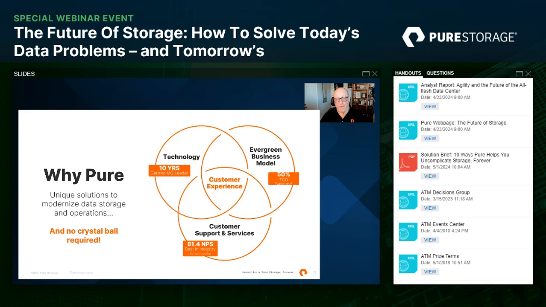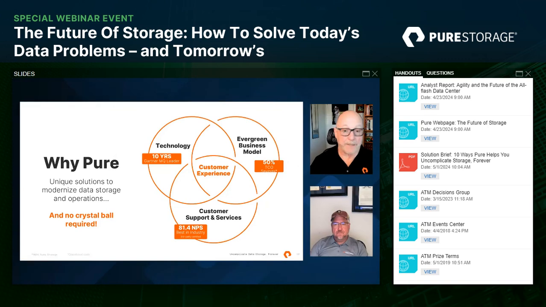So 81, we're about 2 to 3 times any of the other storage vendors on that. And it's a real good testament to the fact that when people make the switch to Pure, not only do they never regret it, they realize that this is something that can take their entire data estate, manage it for them, and they recommend that to their fellow IT leaders.